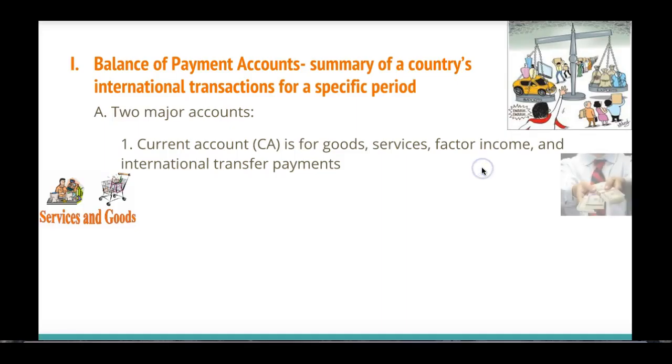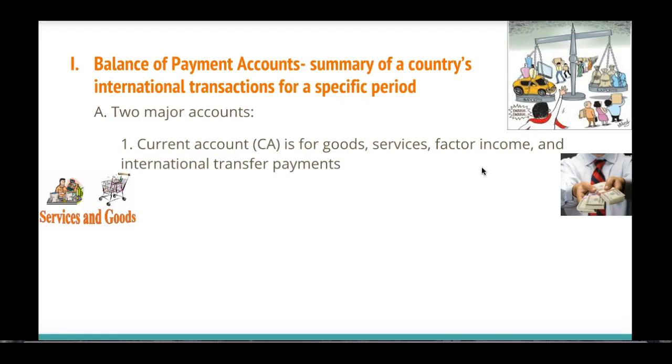Transfer payments are literally money that is being given out and sent outside of the country. So think about this: why would an American citizen send money abroad? For example, why would an American citizen send money to Mexico?